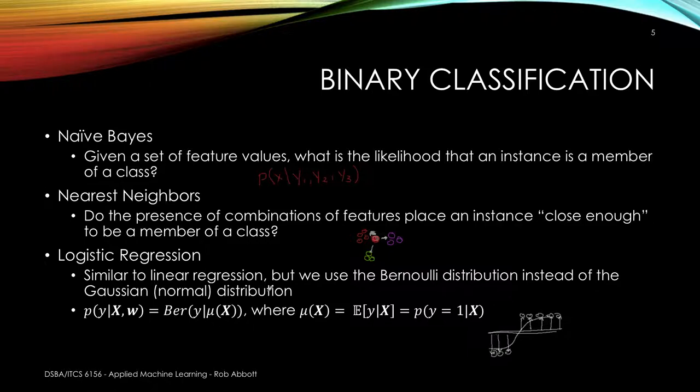So if we look at this, basically we're saying for a set of input features X. So this is a big X and it's in bold. So when you see that going forward, you need to realize this is a matrix of values. So this is a collection of feature vectors in matrix form.